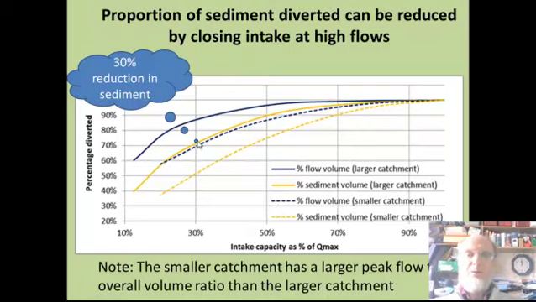Now, this point on the graph shows that by making the intake 30% of the maximum flow, we can reduce the sediment diverted down to about 70% of the total.